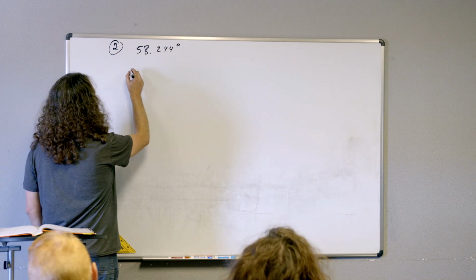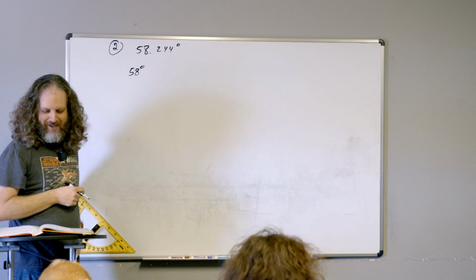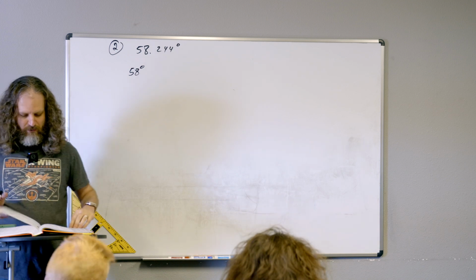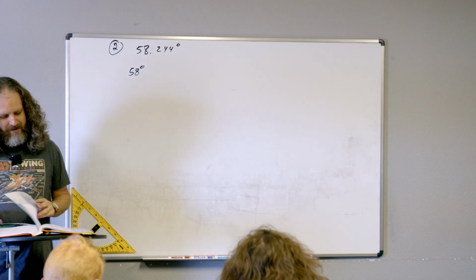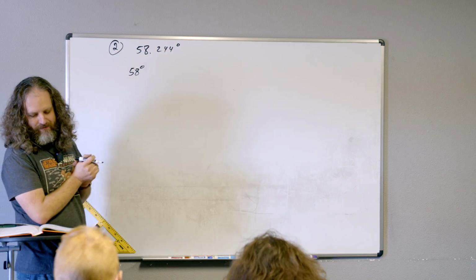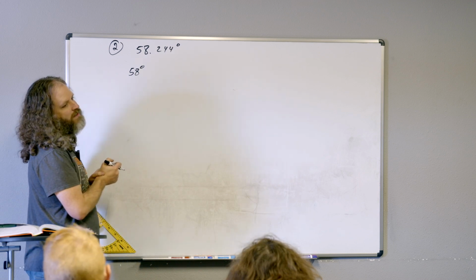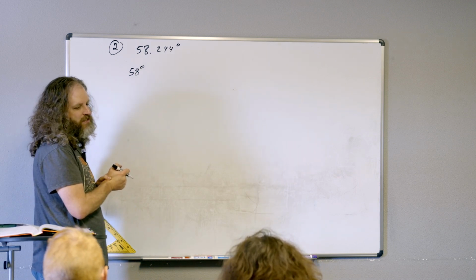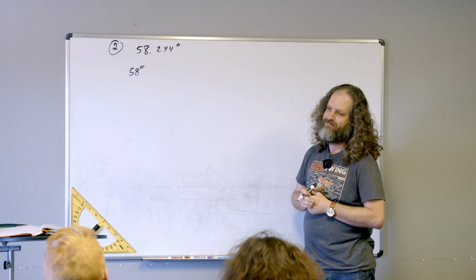So, first part of our answer is 58 degrees. Yay, great, that was easy. And we don't have to put 244 yet because we're gonna convert it. So we gotta convert it to minutes. Minutes and seconds are pretty easy to remember how to convert because it works the same way as time.